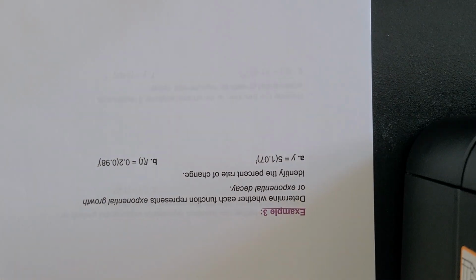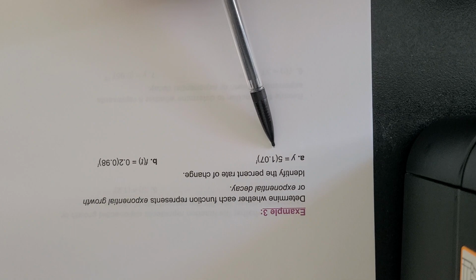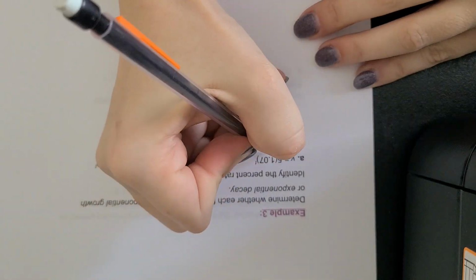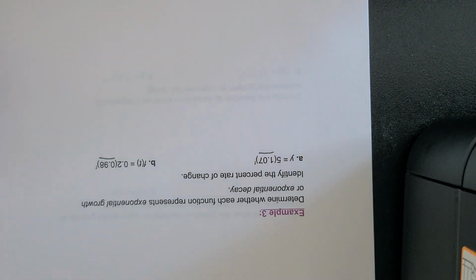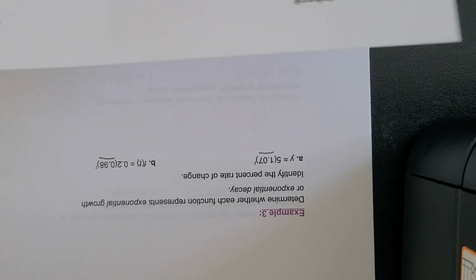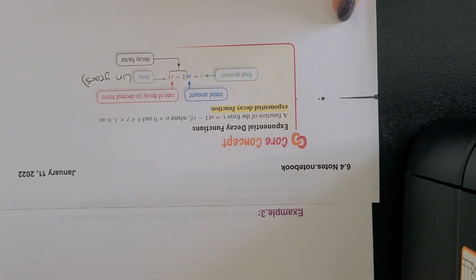All right, now we're going to determine if it's exponential growth or decay by looking at equations. For A, you always want to look here to determine if it's growth or decay. If you remember from our formulas, the decay formula subtracted our rate.